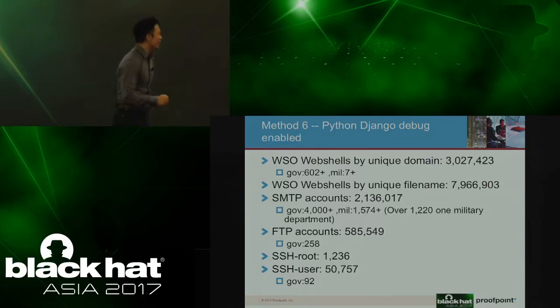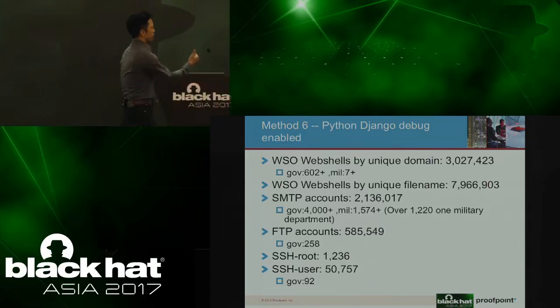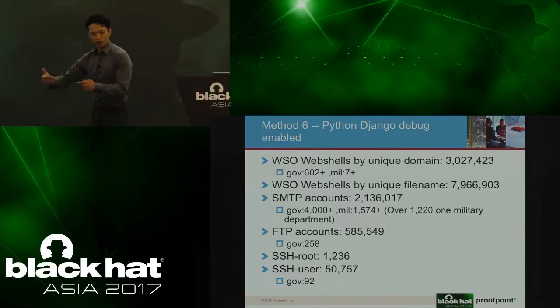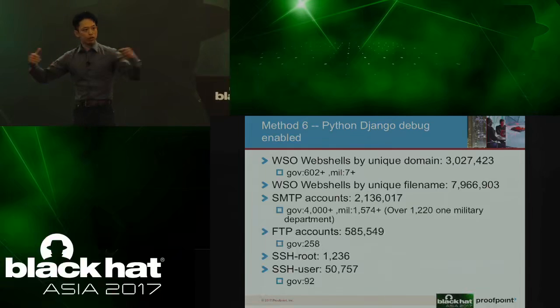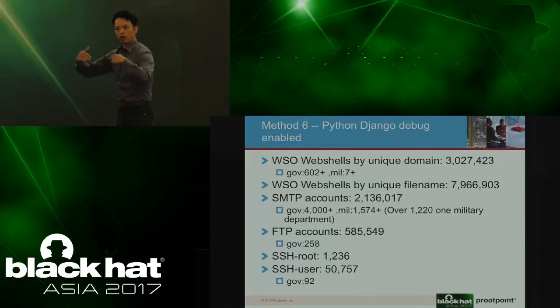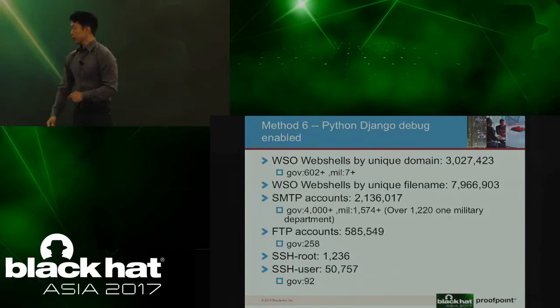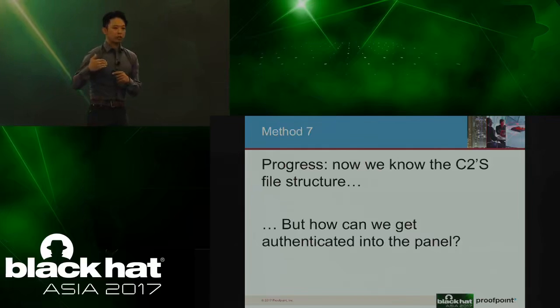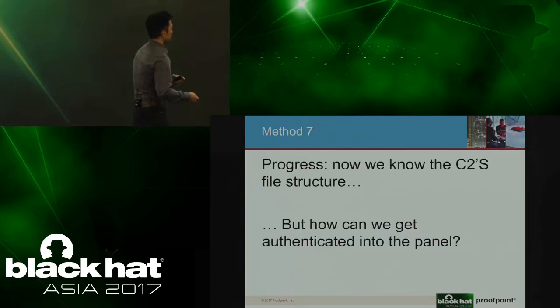I bet you nobody knew that. So once we get familiar with their file structure and are able to reverse out their infrastructure, we can almost forever track these actors and act before they actually launch a new campaign or new type of attack.